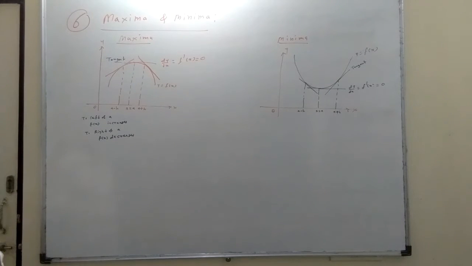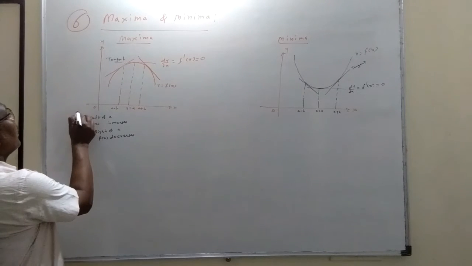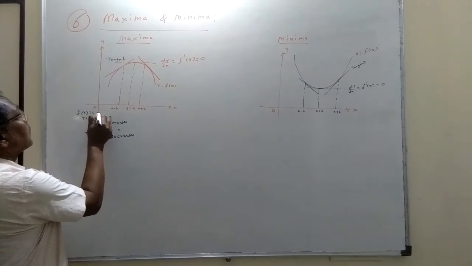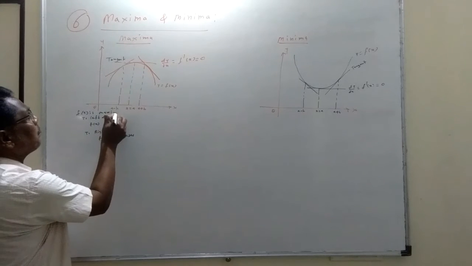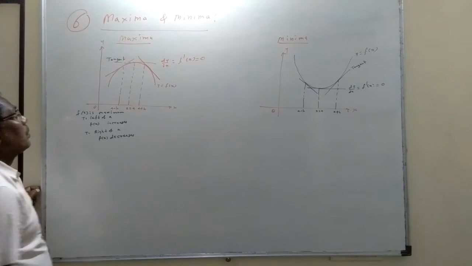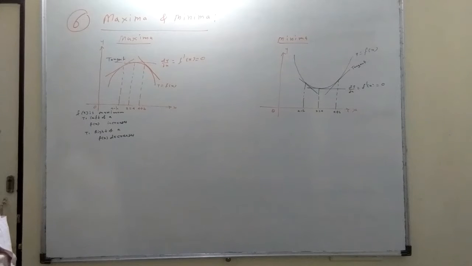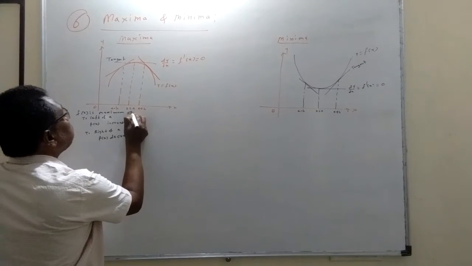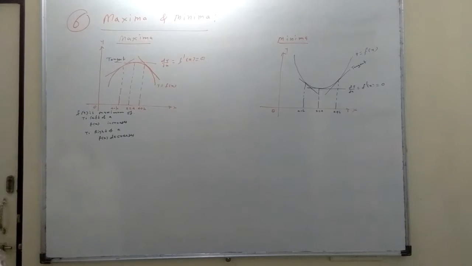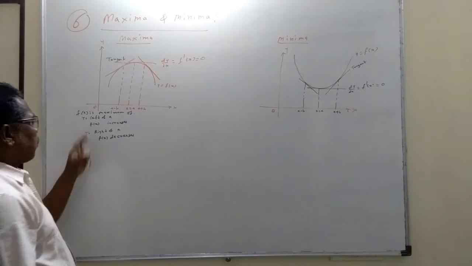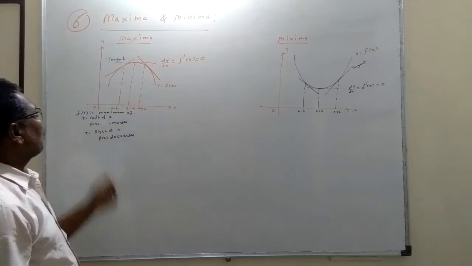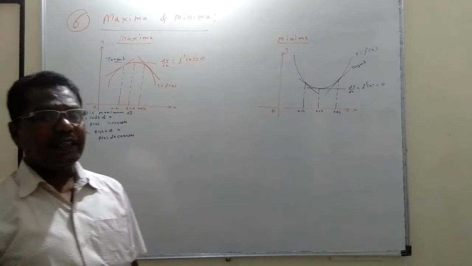So for maximum, that is at x equal to a, f of a is maximum if, to the left of a, f of x increases, and to the right of a, f of x decreases.